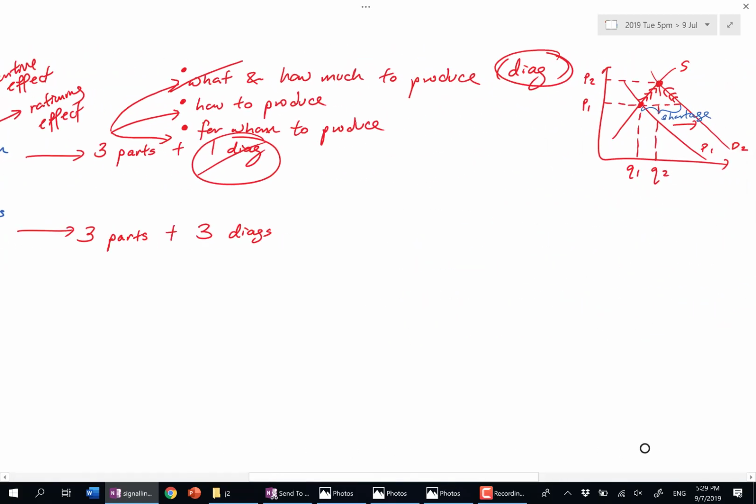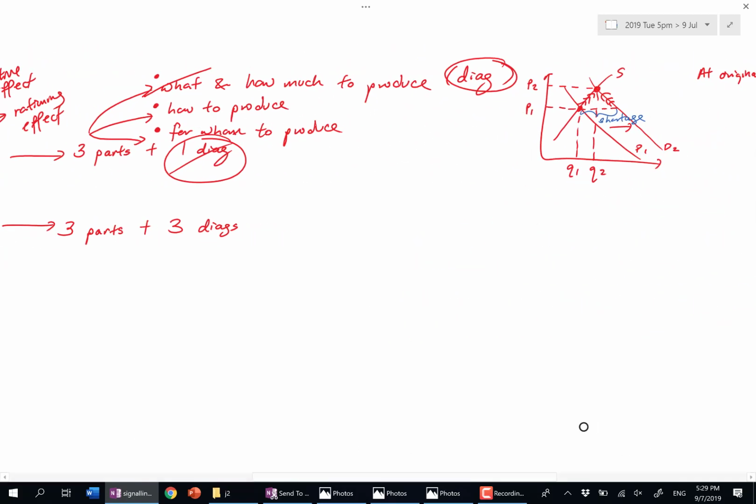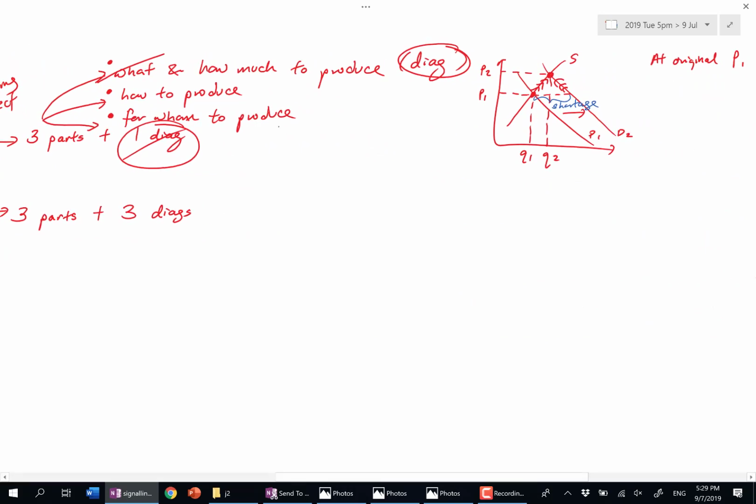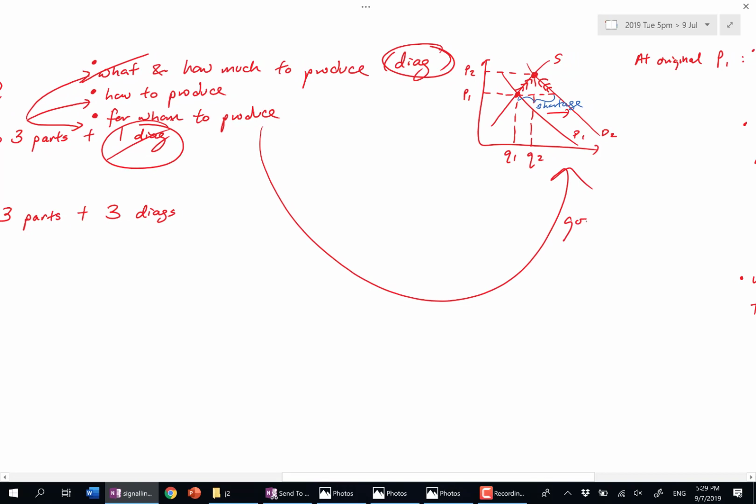Then the next thing that happens is when you talk about for whom to produce, okay? From this diagram, you can see that the good is actually distributed to those who are willing and able to pay.